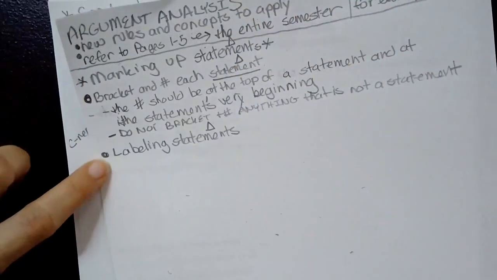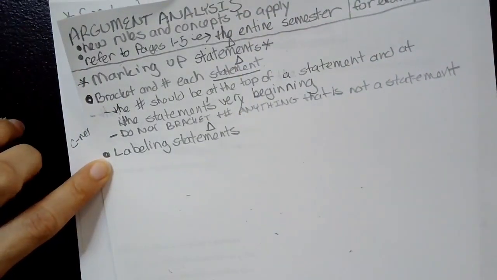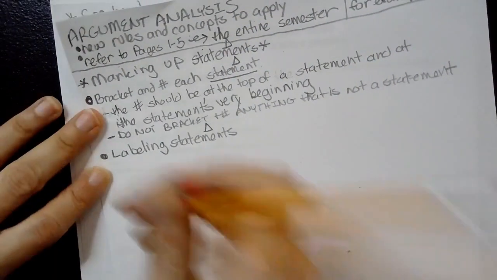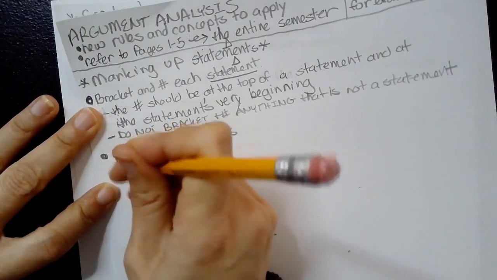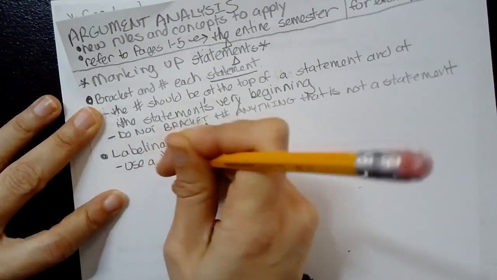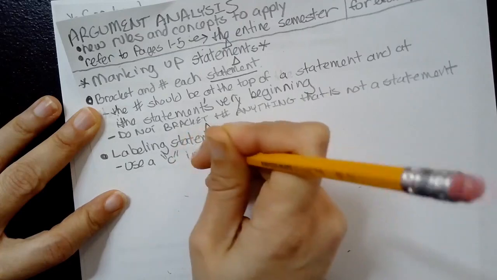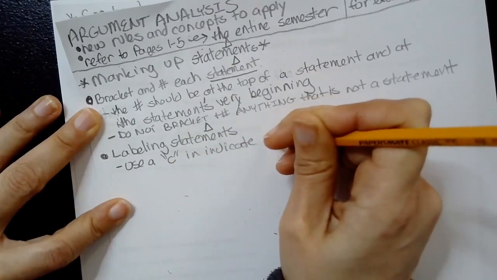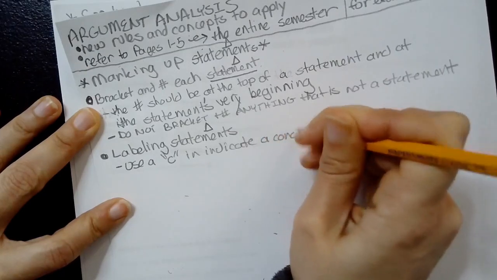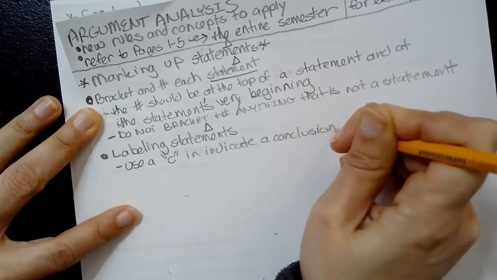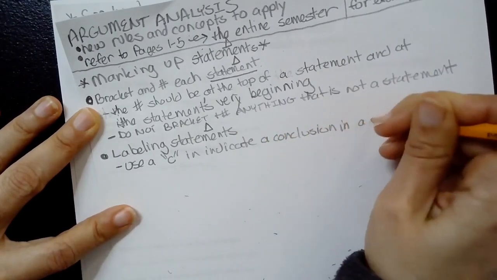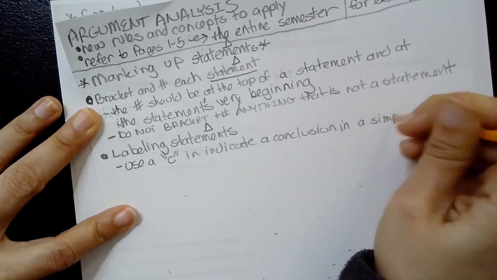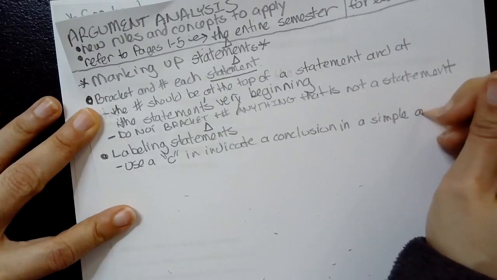Okay, so now it's not about bracketing and numbering, it's about labeling the statements. So use a C to indicate a conclusion in a, please write this down, you'll understand better why next time, a simple argument.